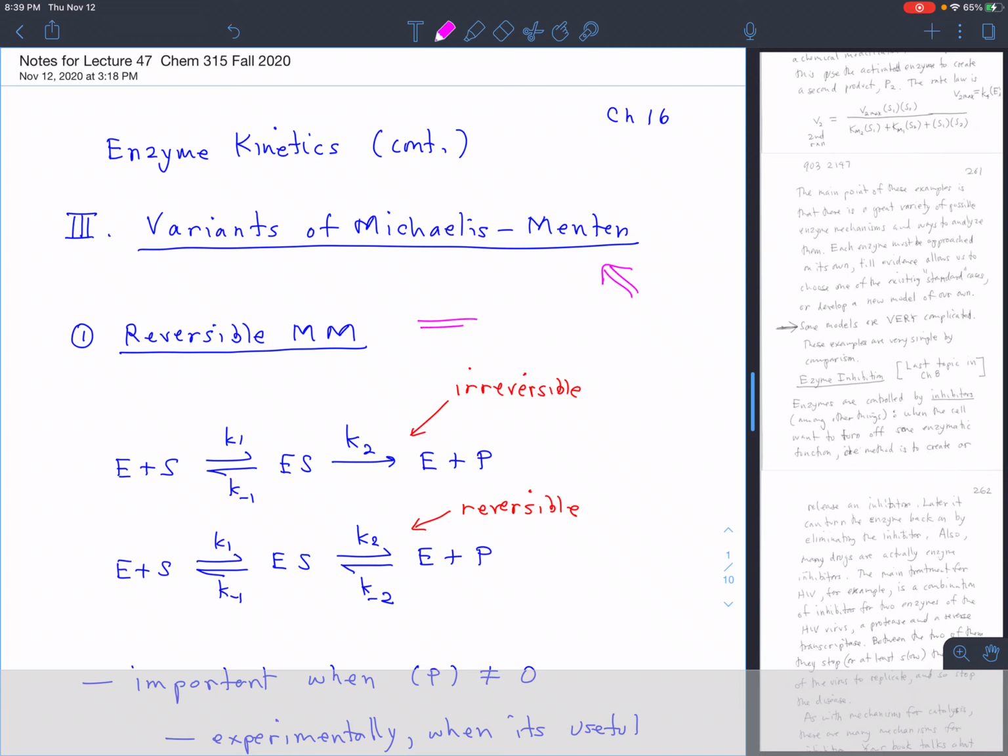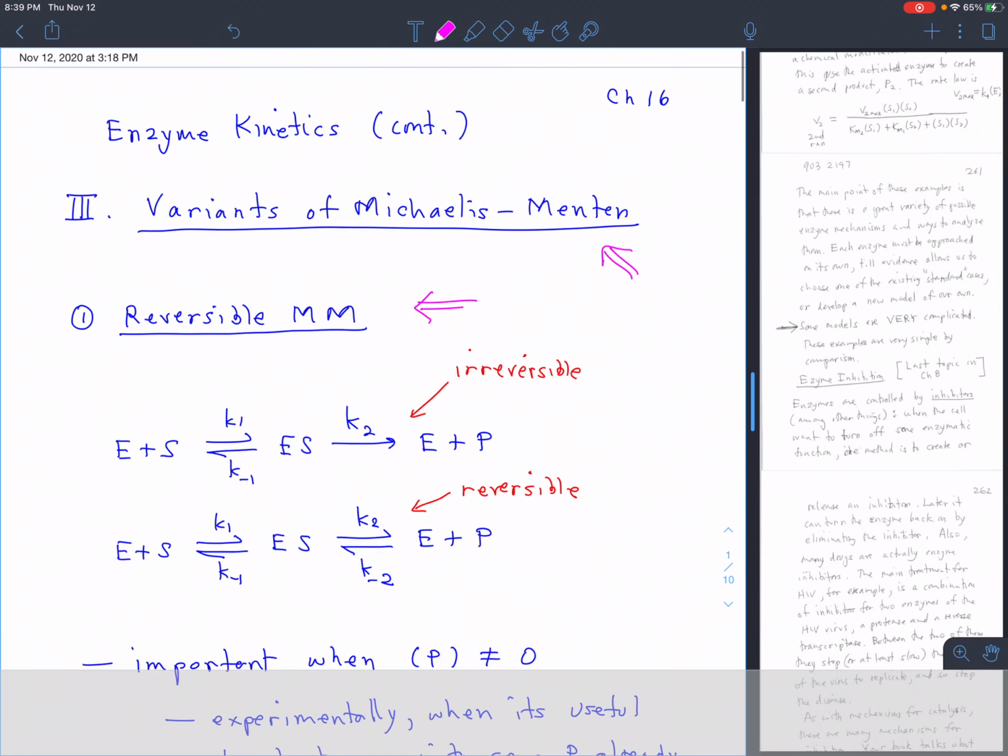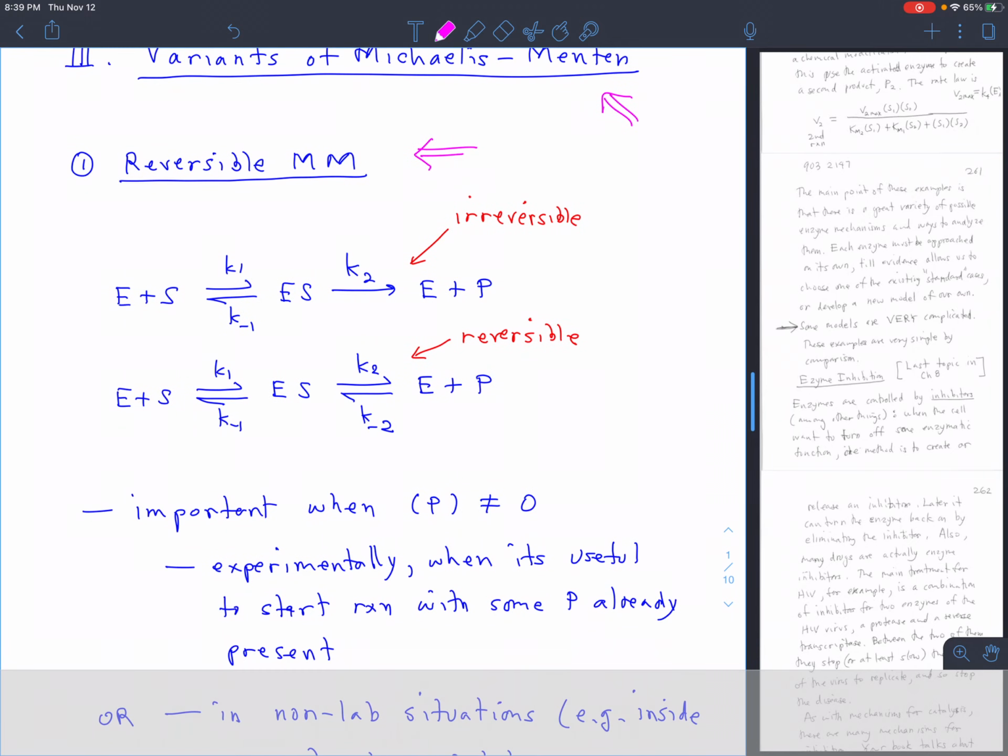The first one is, and perhaps maybe the most interesting in the larger context for this section, the idea that instead of the irreversible standard Michaelis-Menten mechanism, we add a backward step to the product formation step, which makes the entire mechanism reversible from one end to the other.